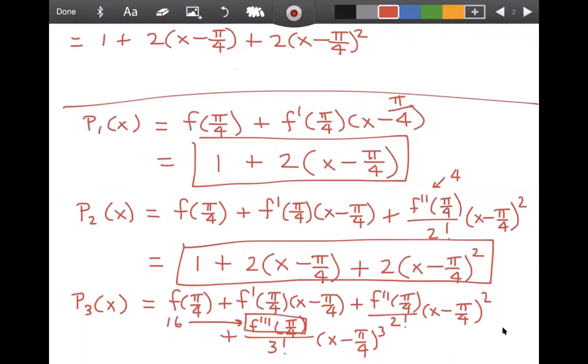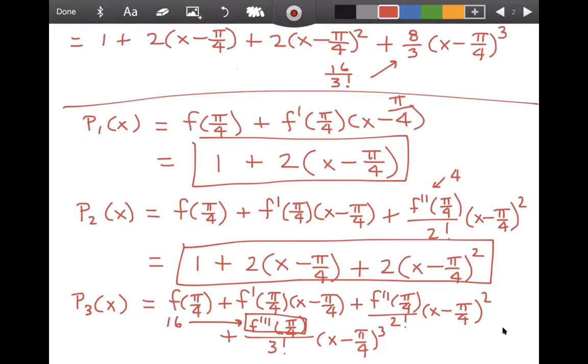So the next coefficient is going to be 16 over 3 factorial. 16 over 3 factorial is 16 over 6, which is 8/3. So let me just put a note here explaining where I got that. This is 16 over 3 factorial times x minus pi over 4 cubed. And that would be your third degree Taylor polynomial.